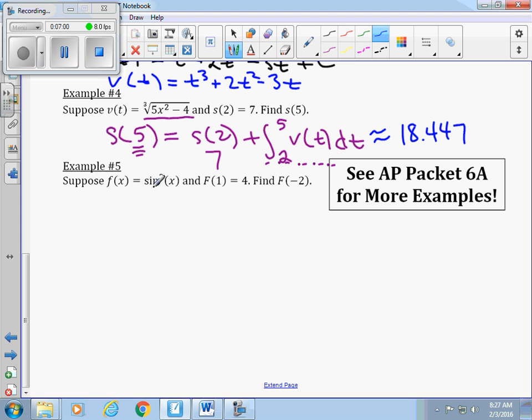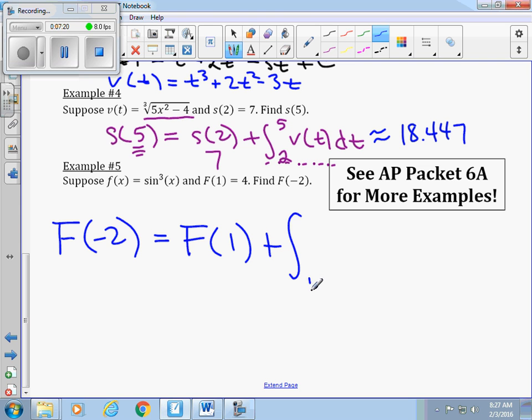Okay, same thing on this one. Do you want to anti-differentiate that? No. So I'm trying to find the antiderivative at -2. That will equal the antiderivative at 1 plus the integral from 1 to -2. Remember, this one has to be on top. Some of you, that hurt your brain a little just now. Those are backwards. Does it work out okay?